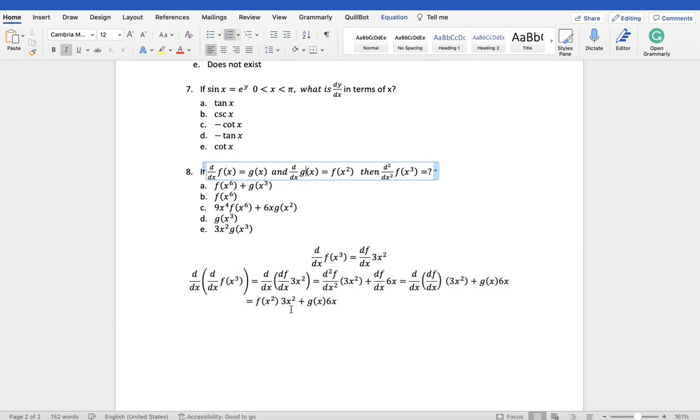And then therefore, if g of x is of third order, f of x must be of the fourth order, since g of x is just the derivative of f of x. Okay.